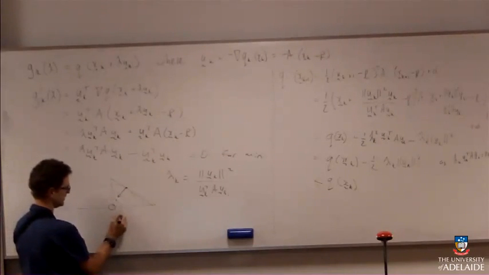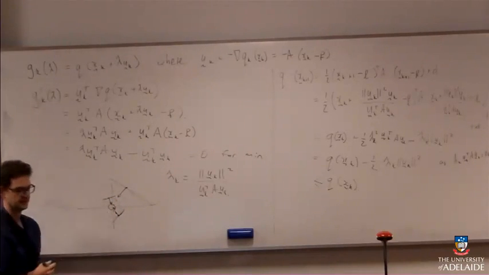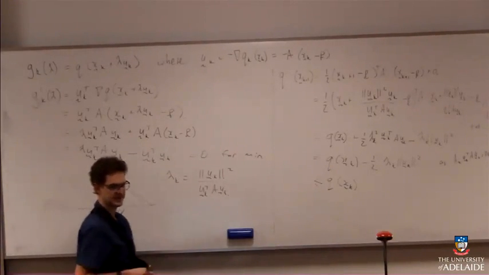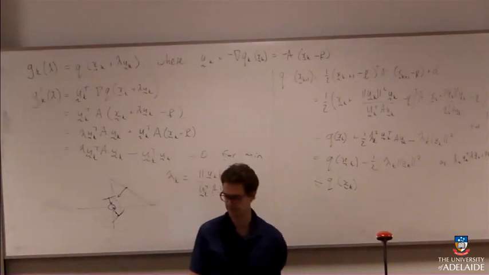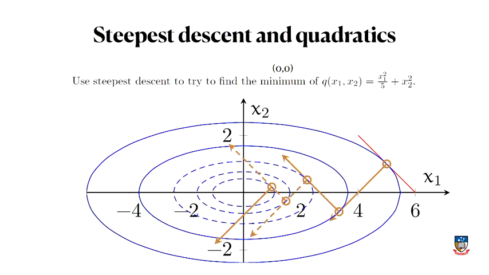I always point, no matter where I start, directly into the center. So on any of these level curves, they all point straight into the center. And so if I take the best step that I can, I'm always going to hit the bullseye. I'm always going to head right to the minimum in one step. So that's beautiful. That works well.